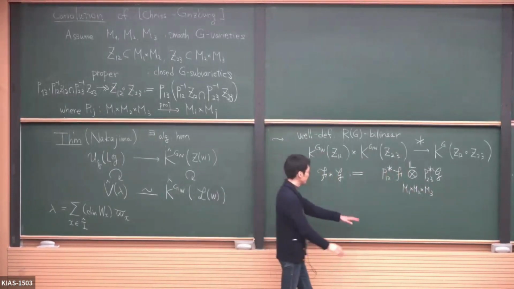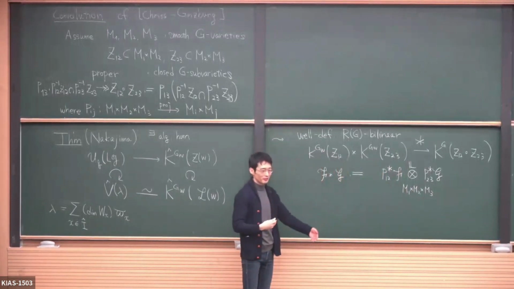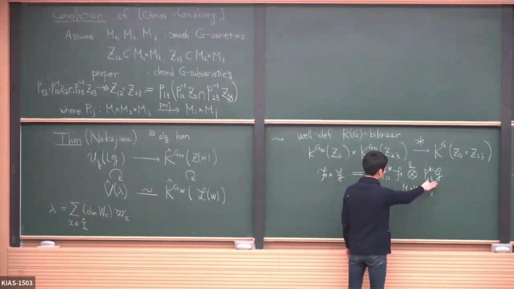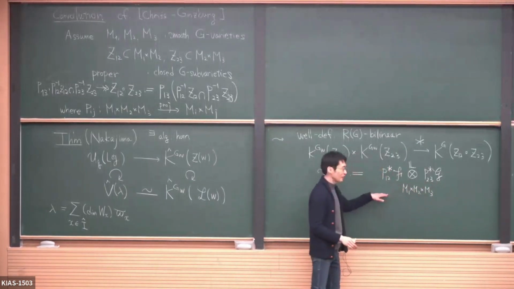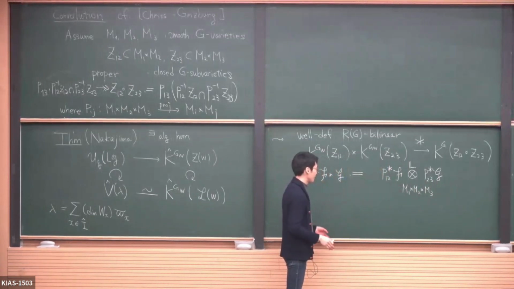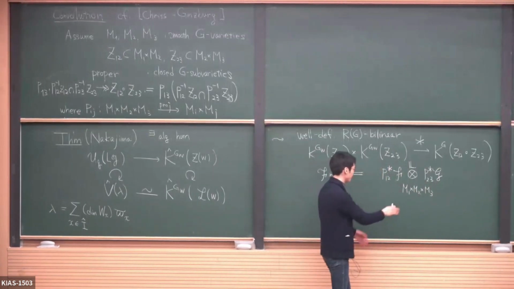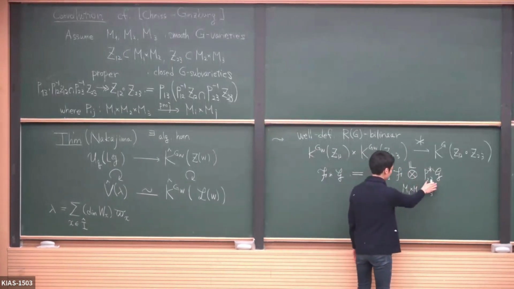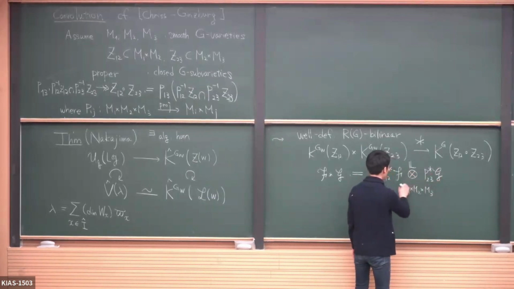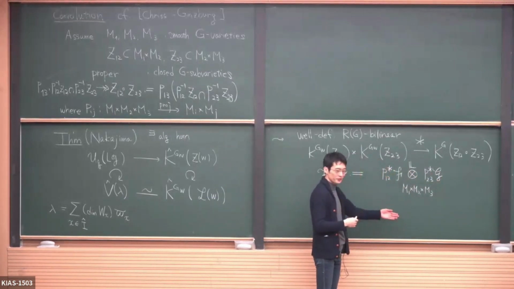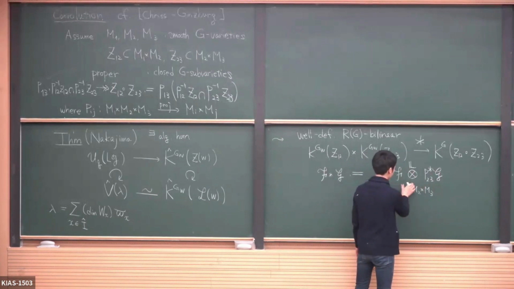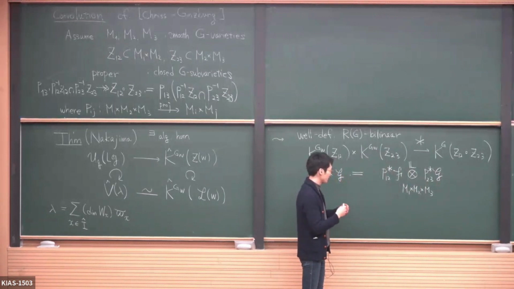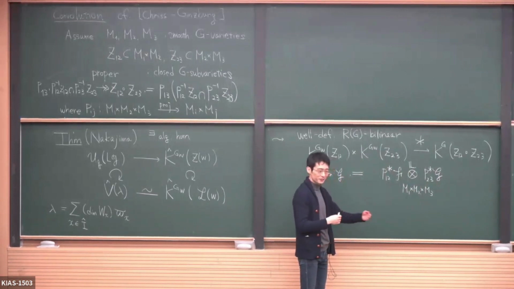So note that we are working on a bounded derived category of equivariant coherent sheaves. So to make this tensor product closed inside the bounded derived category, to define this tensor product, we need to find the resolution of one of the factors, and we need to find a finite length resolution.